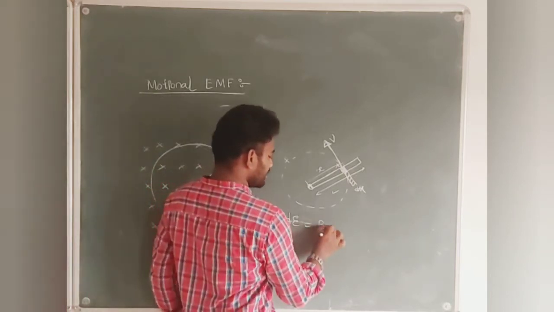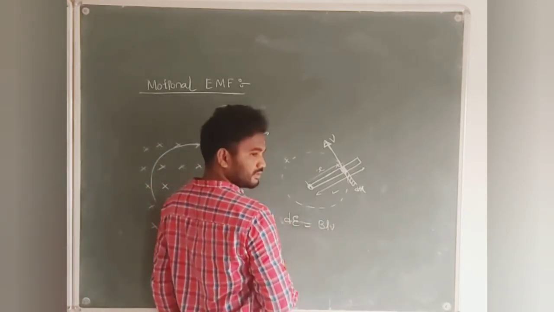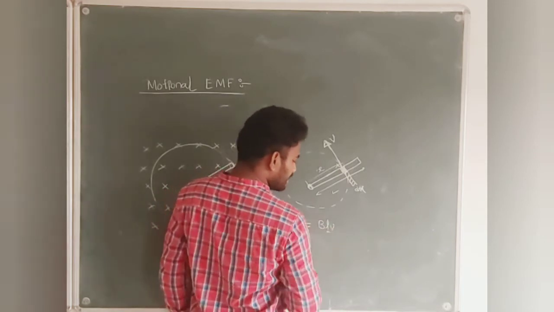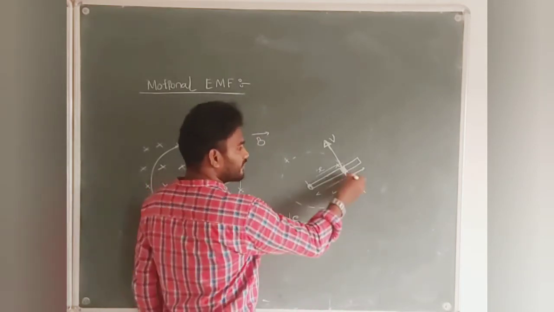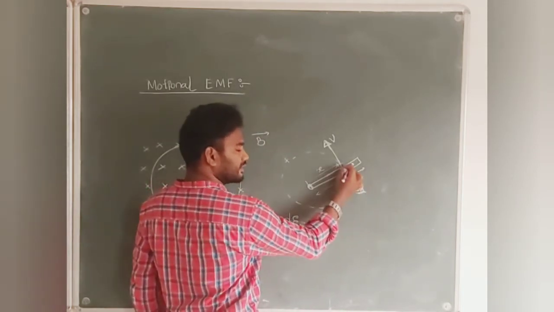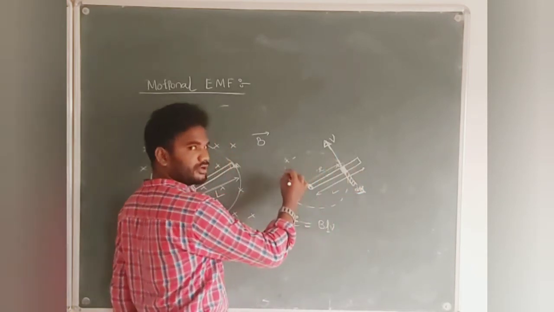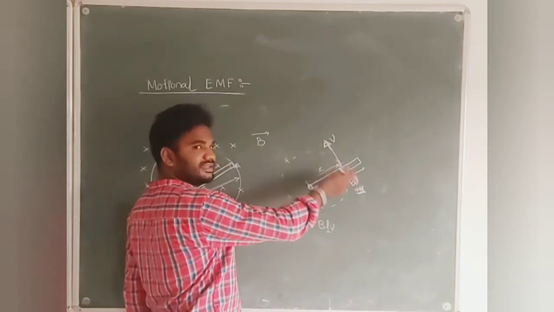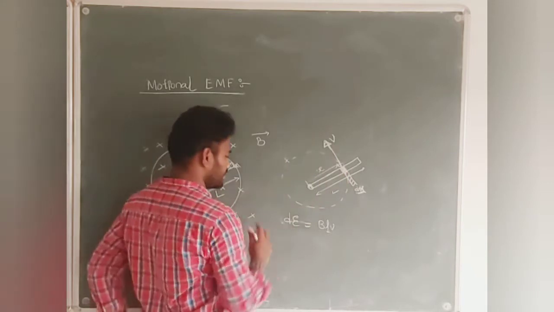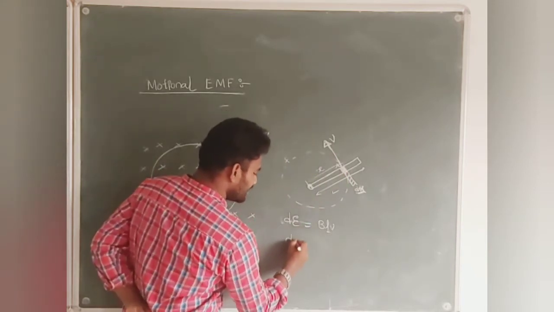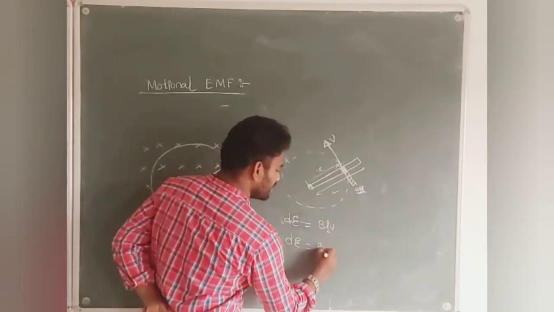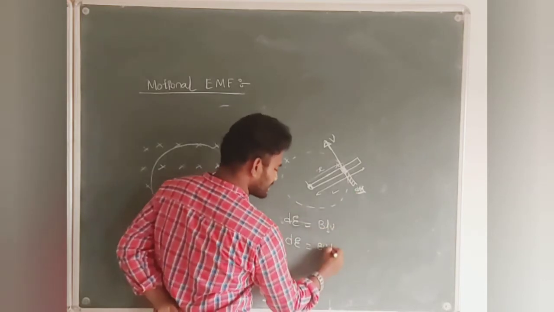B L V, isn't it? So instead of L, we have to take dx. Why? Because only this small part is moving; tangentially it will start moving in the circular motion. That's why. So now we get dE equals B V dx.